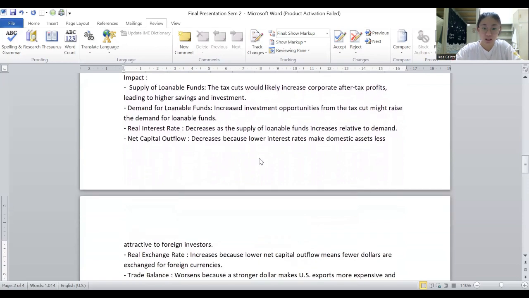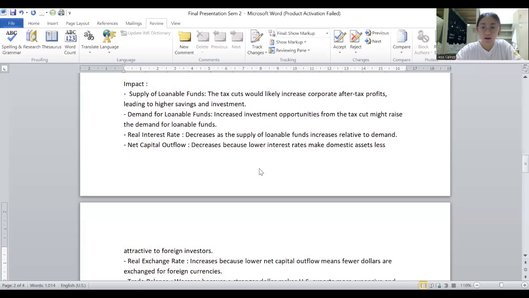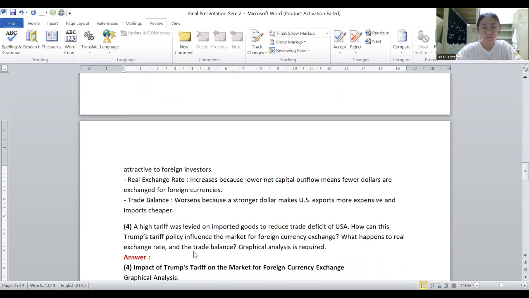The real exchange rate will also increase because lower net capital outflow means fewer dollars are exchanged for foreign currencies, and the trade balance will worsen because a stronger dollar makes US exports more expensive and imports cheaper.